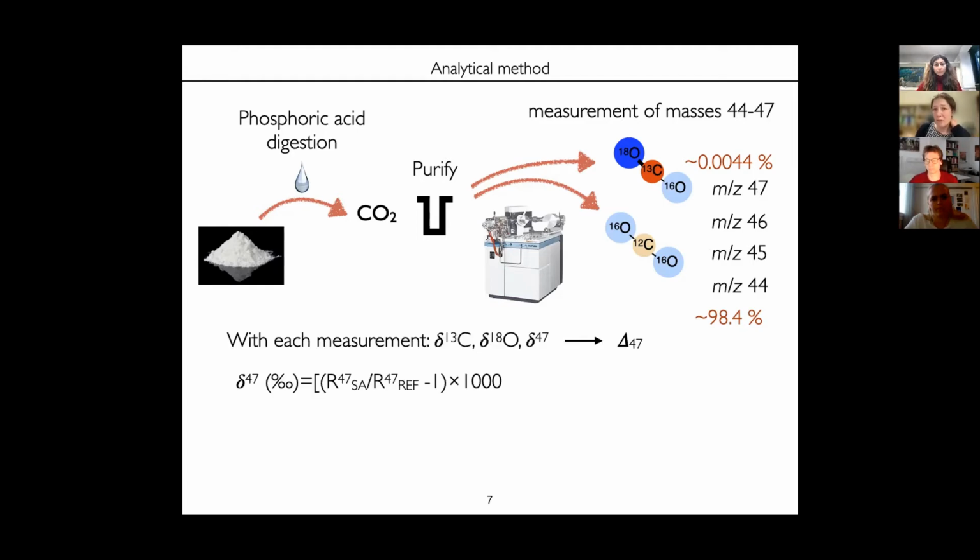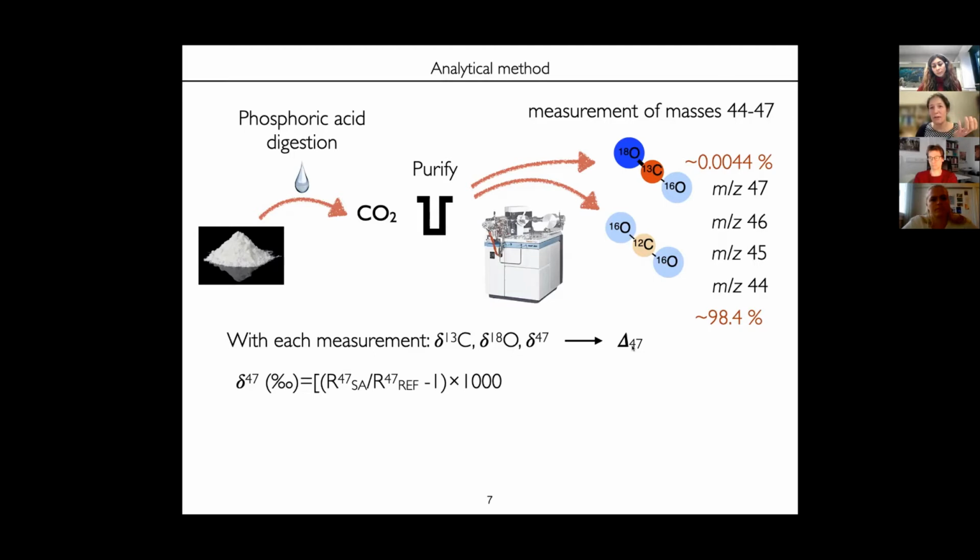So with each measurement, we do get the delta 13C and delta 18O information, and then we get information on the abundance of this mass 47. And together, we calculate the overabundance of the mass 47. So we measure how much 13C we have in our sample, how much 18O we have in our sample. From that, we can calculate just by random chance how often we would expect those to occur in the same molecule, to give us mass 47.